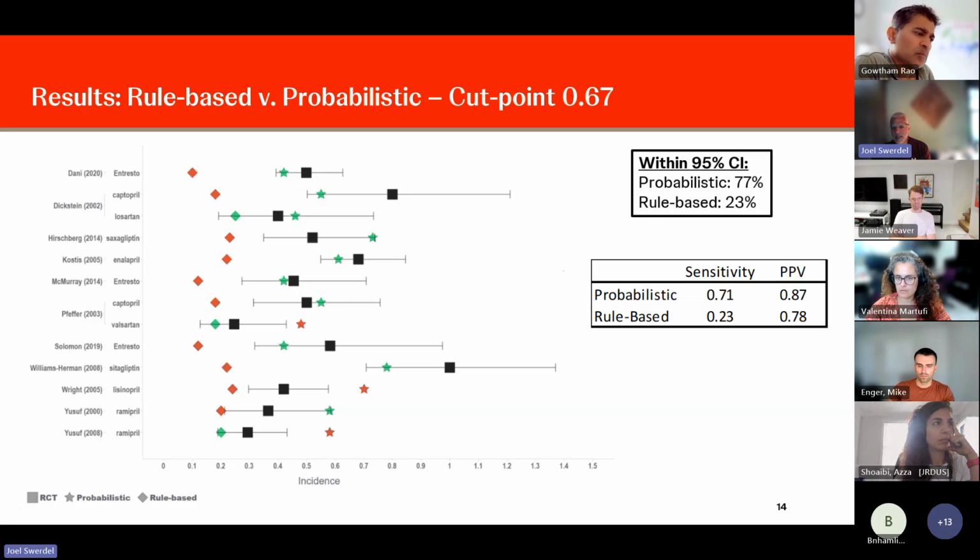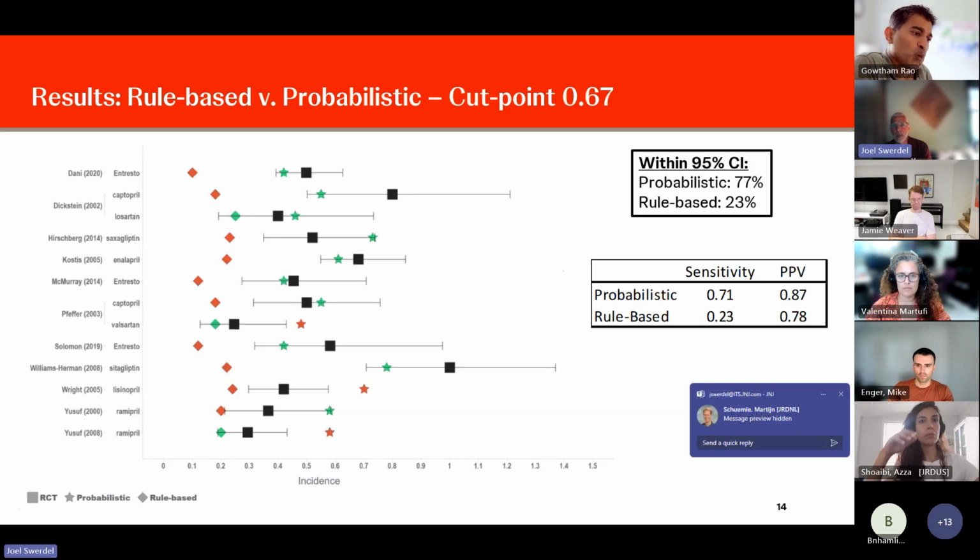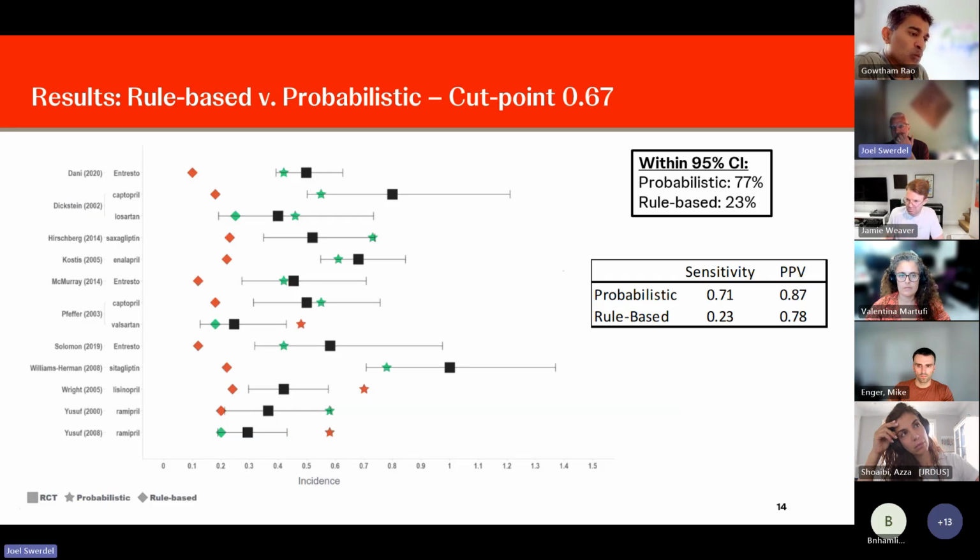A lot of times in validation studies, you'll have two clinicians looking at a chart review for a subject to determine the probability that somebody has it. If they agree that they have it, then it's a case.